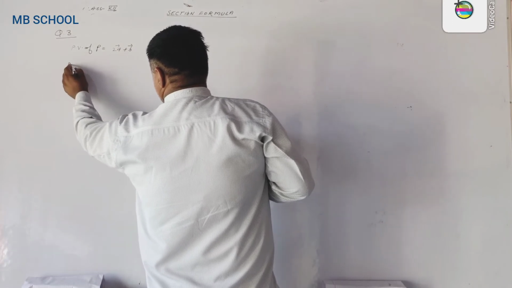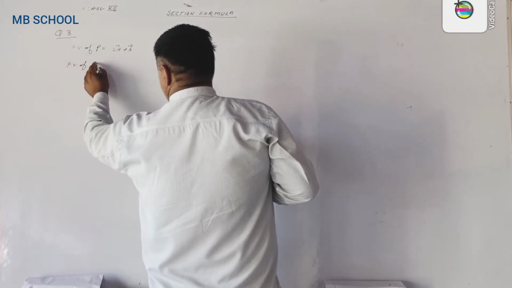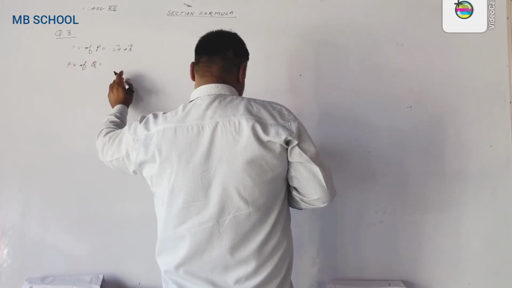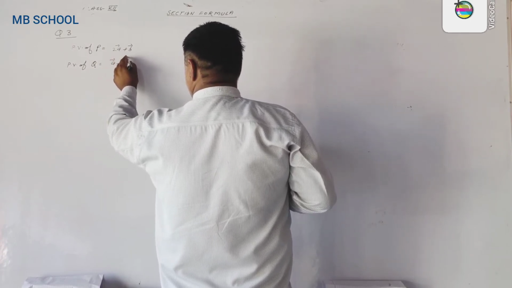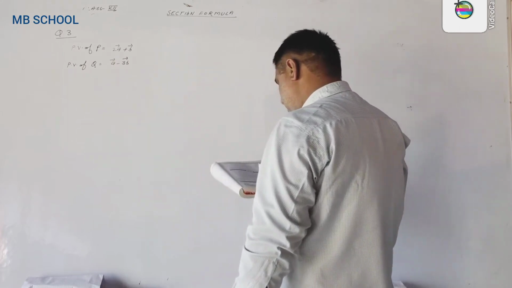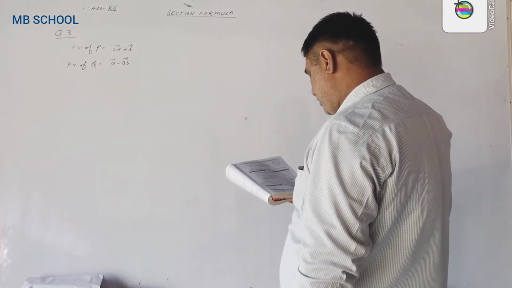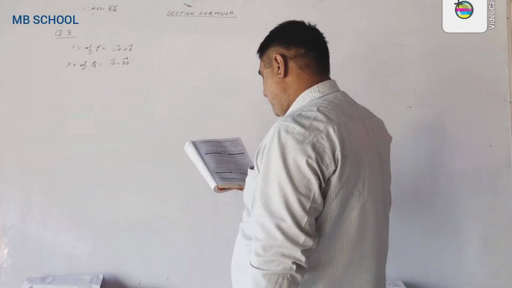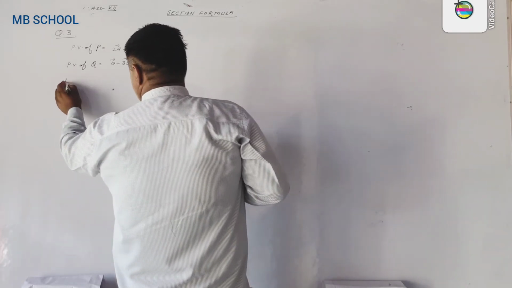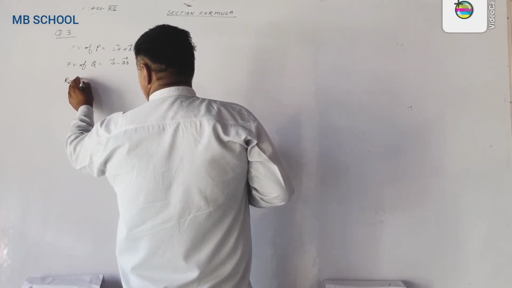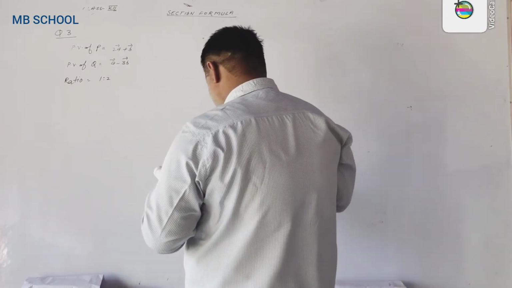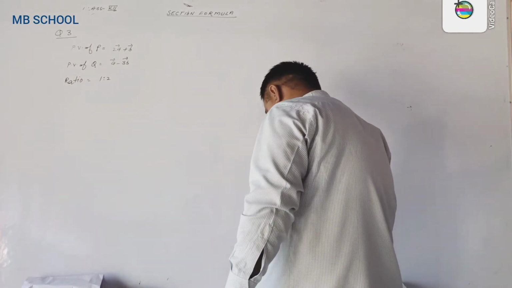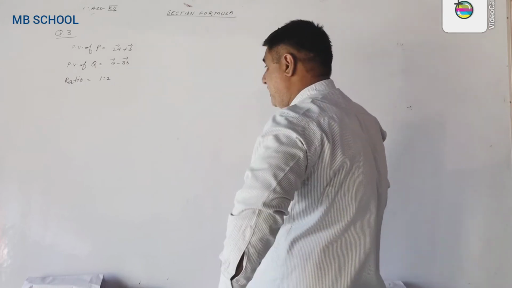Position vector of Q is vector a minus 3b. And now externally in the ratio of 1:2. Ratio is given 1:2 externally. Now also show that P is the midpoint of line segment RQ.